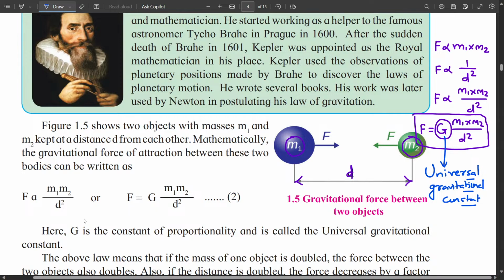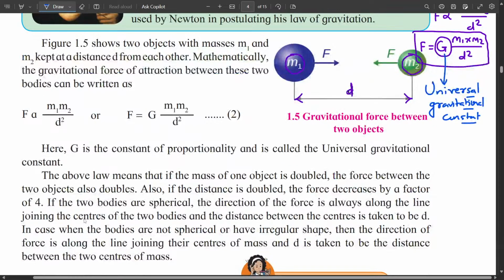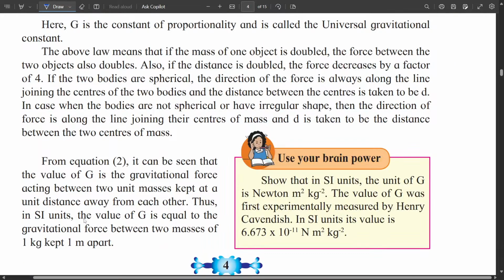Henry Cavendish was the scientist who first calculated the numerical value of capital G. So how did he find it? We have the formula F is equal to G m1 m2 upon d square.